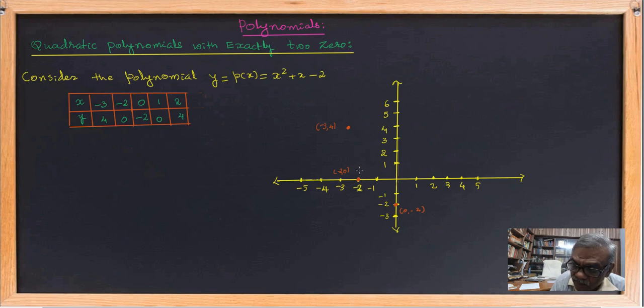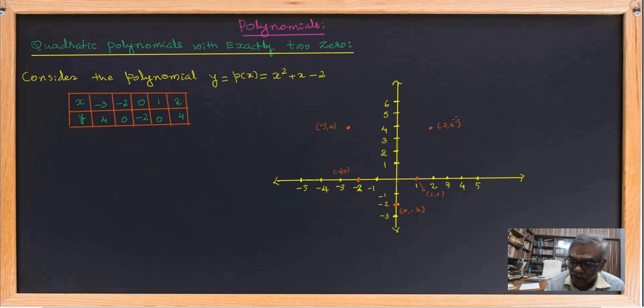And 1 and 0 here, that is 1 and 0, and 2 and 4, okay, here 2 and 4.